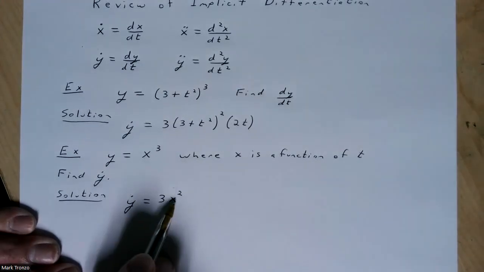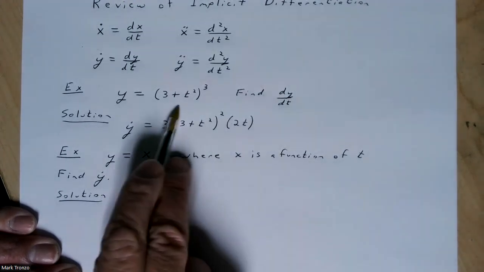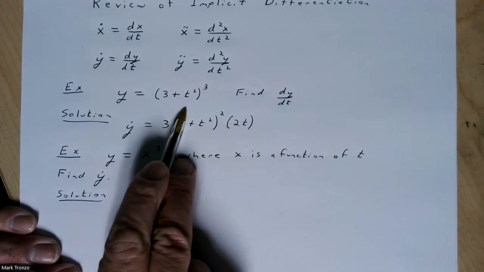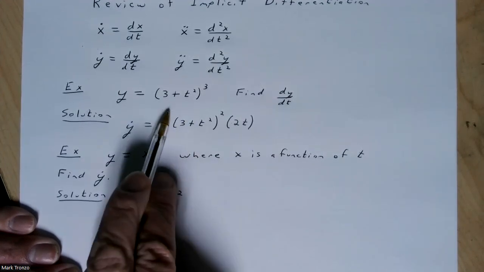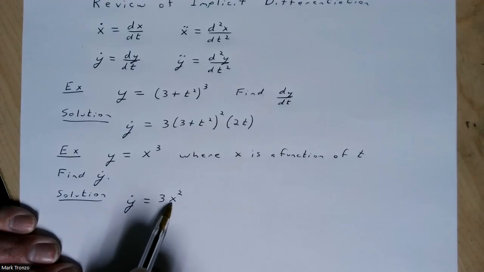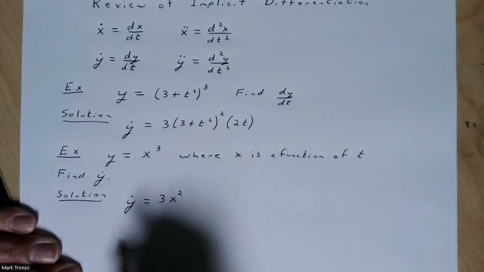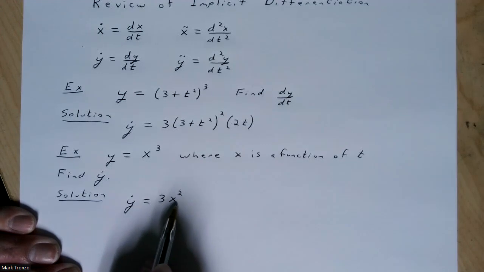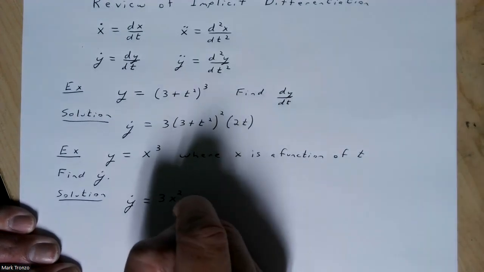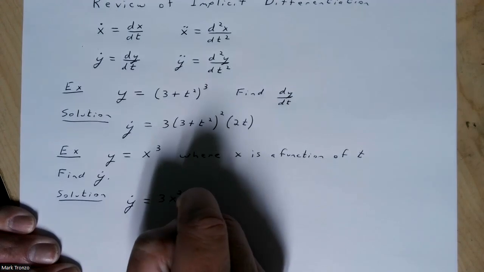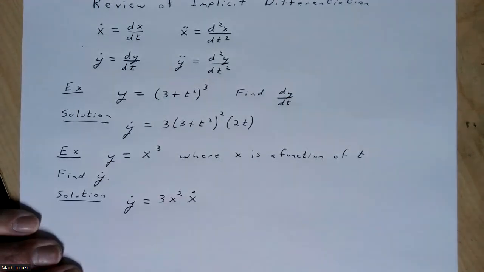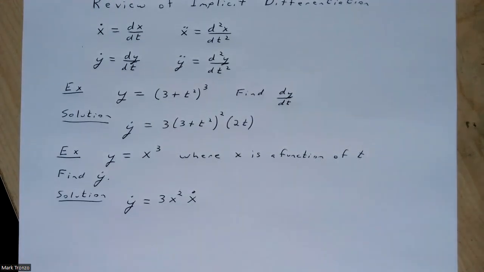Then we have to use the chain rule. We have to take the derivative of this, but we don't know what this function is. We would like to take the derivative of this function with respect to t, but we don't know what it is, so we can't actually do it explicitly. So we have to do it implicitly. We just say, okay, we want the derivative of that function, and write it like that.